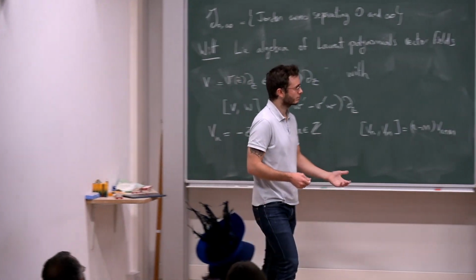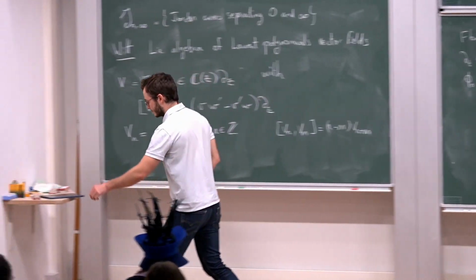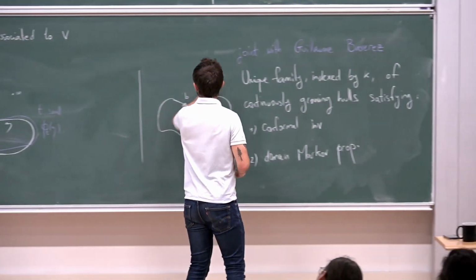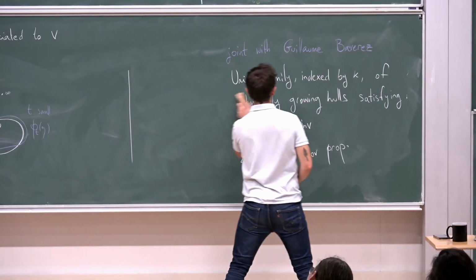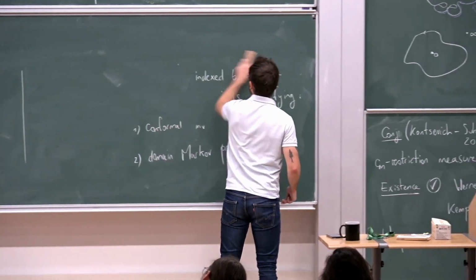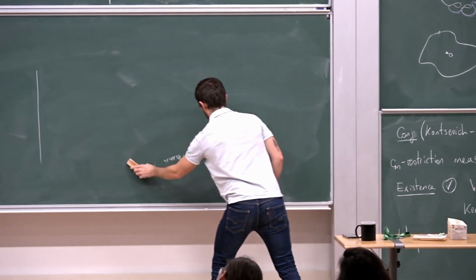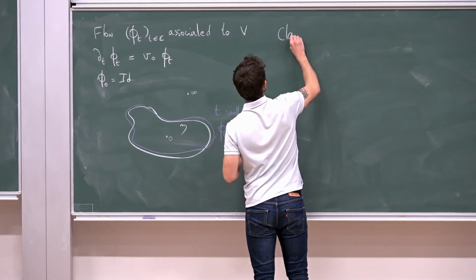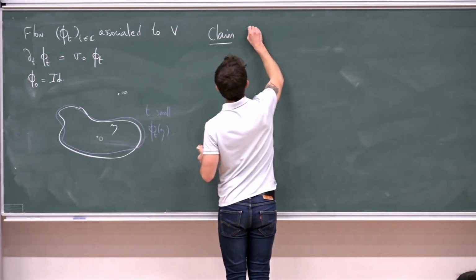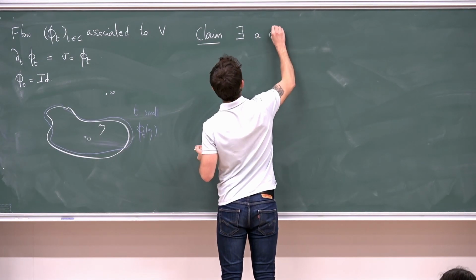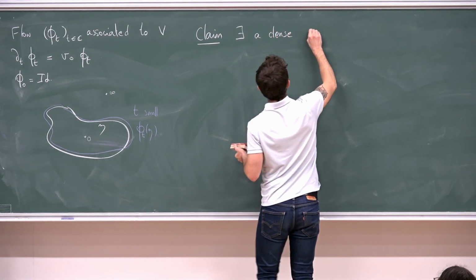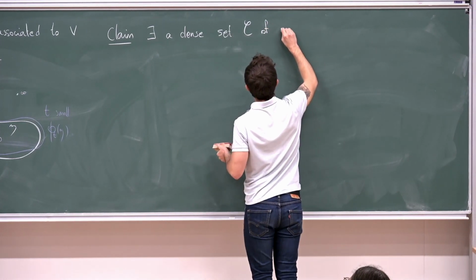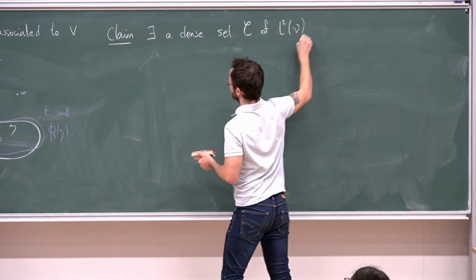Okay, that's nice. Now I'm going to define operators that are differentiations with respect to this. So that's the first claim. There exists a dense set C of L2 of nu.